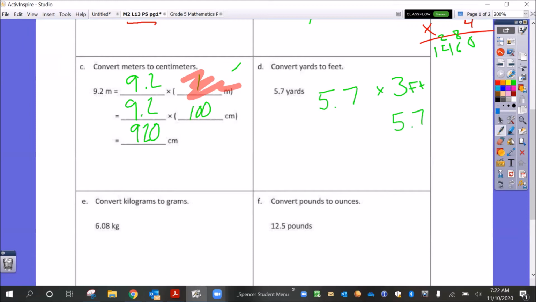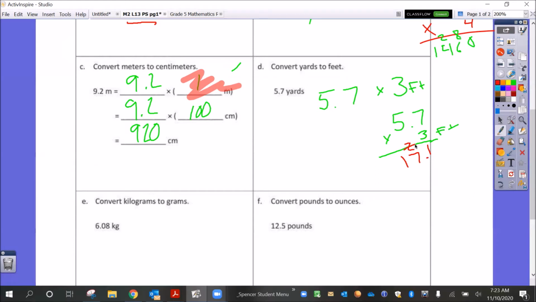So 5.7 times 3. And again, I'm going to just represent that unit as feet so that I don't forget when I solve. 3 times 7, 21. 3 times 5, 15, plus 2 more, 17. And just like we learned yesterday, we're working with tenths. So now we just have to know where to place our decimal.